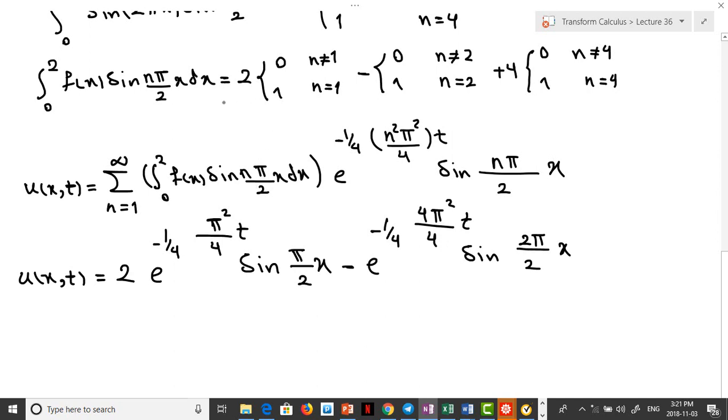If n is equal to 4, the integral is equal to, this part is equal to 0.